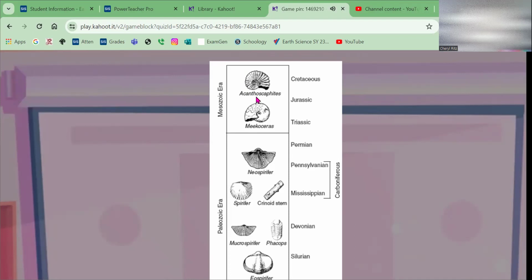Which one of those index fossils is found in the same geological period as this thing that begins with the letter M? It's not on your reference table, it's right here.